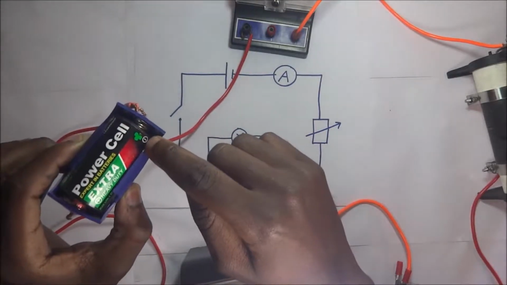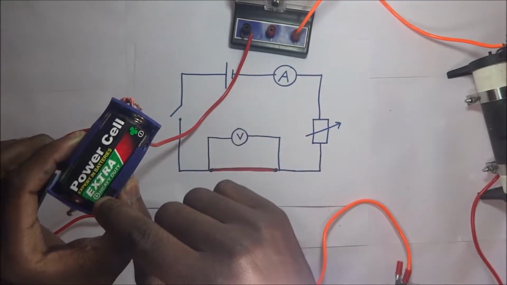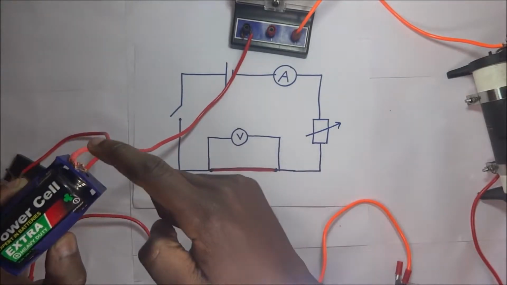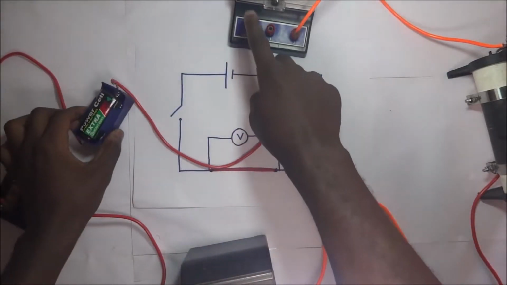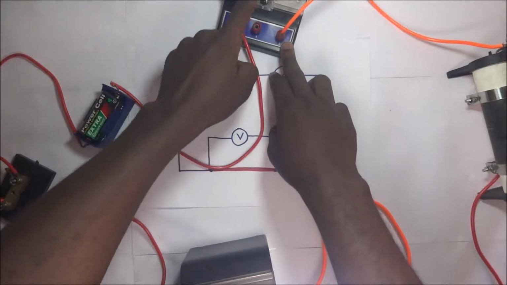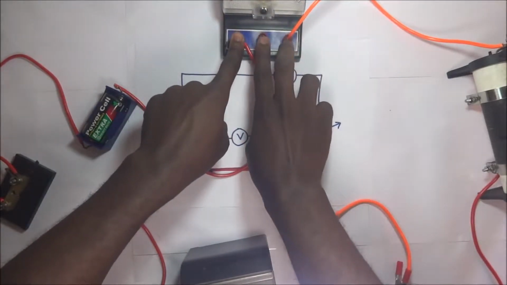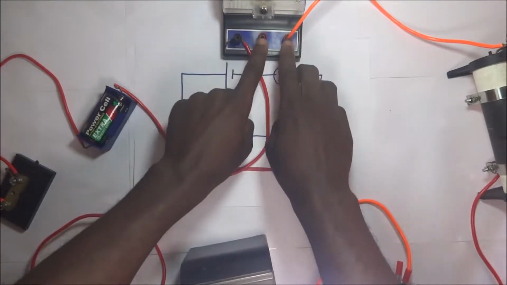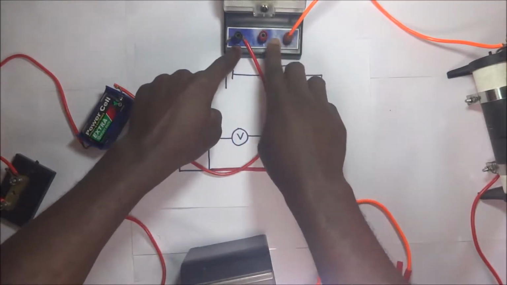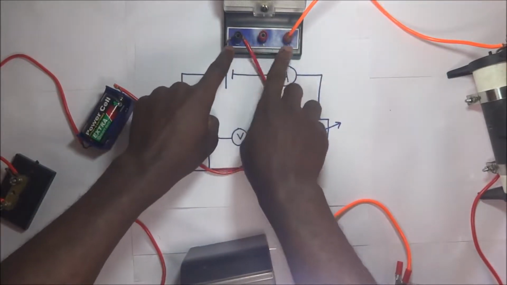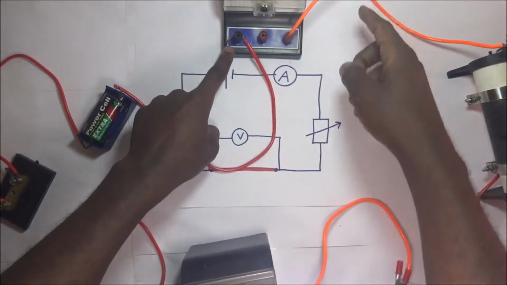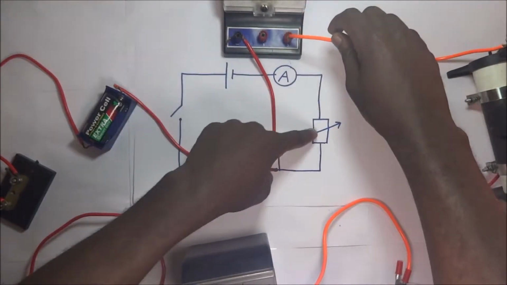This is the negative terminal of the battery, and that's the positive terminal. We are going to connect the negative terminal of the battery to the negative terminal of the ammeter. And of course, it is always black. The red ones are where the positive ones are connected. So we connect the negative to there, and this is where the circuit continues to the rheostat.